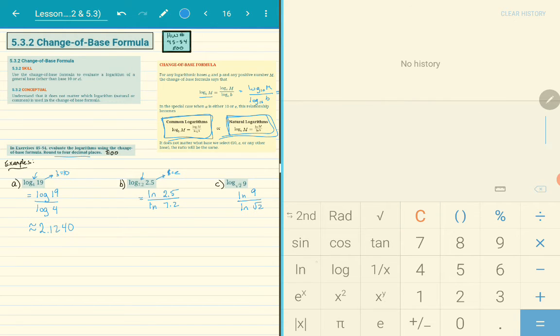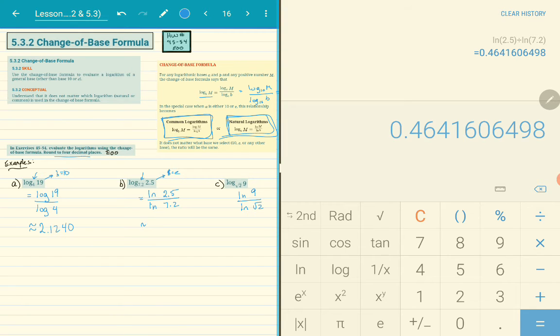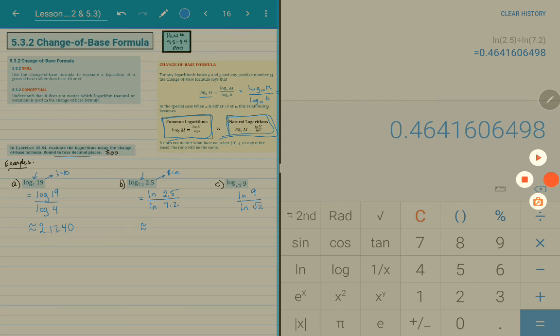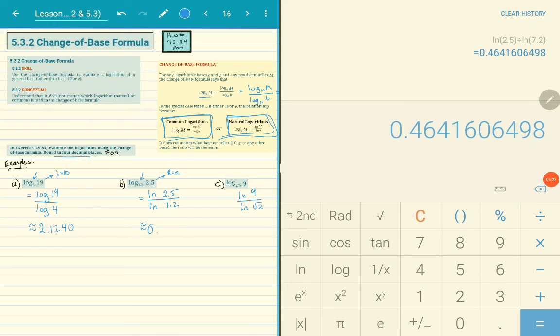All right, and then for b, we use natural log this time, so we know natural log of 2.5 divided by natural log of 7.2. Remember to use the same base for both the numerator and the denominator. So if you use natural log on the numerator, then make sure you use that on the denominator as well. Okay, so rounding that to the 4 decimal places, I get 4.2.